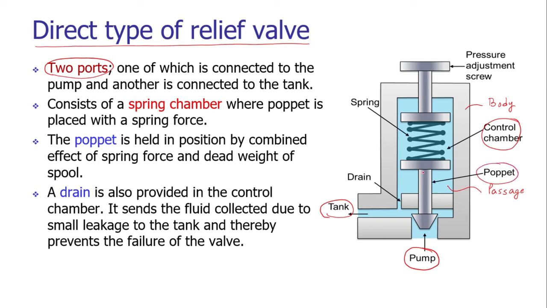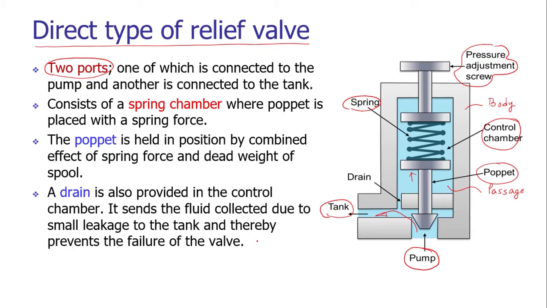The poppet is a spring loaded poppet, and we can even adjust the spring loading or the spring constant by using a screw. When the applied pressure is more than the set pressure by the spring, the poppet will be moved in upward direction, and the excessive pressurized fluid will pass through the passage provided here, and it will bypass to the tank.